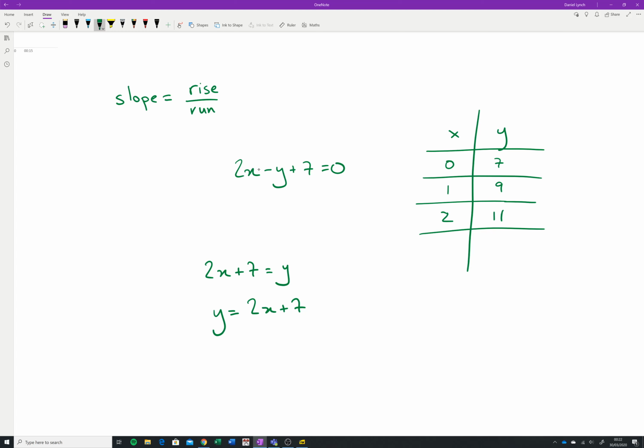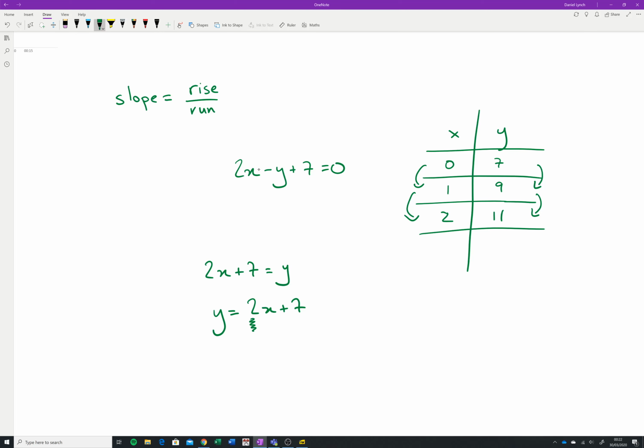And here's the point. We see here that when x increases by 1, what's y doing? It's increasing by 2. And what part of this thing here is causing that to happen? It is, of course, this number here.